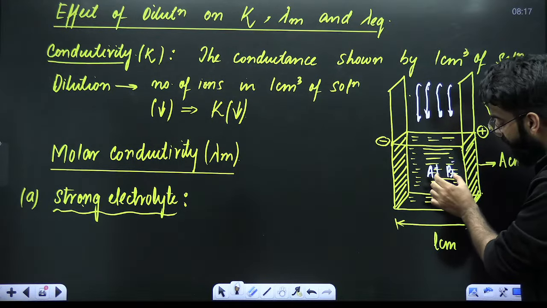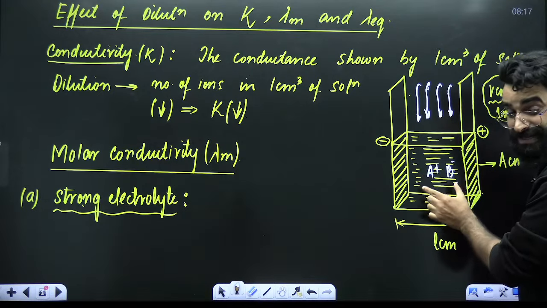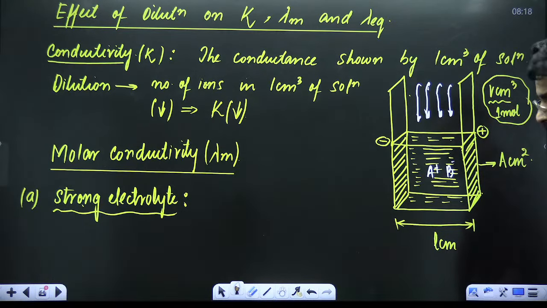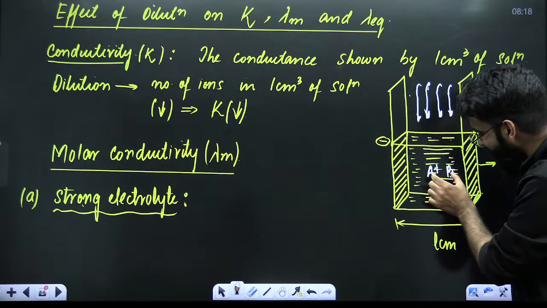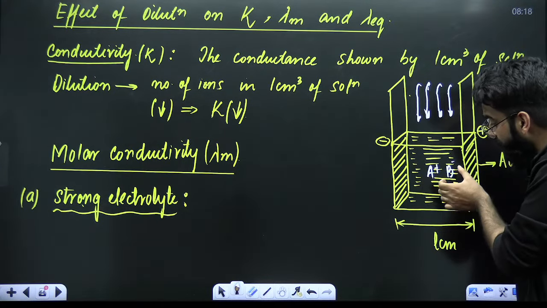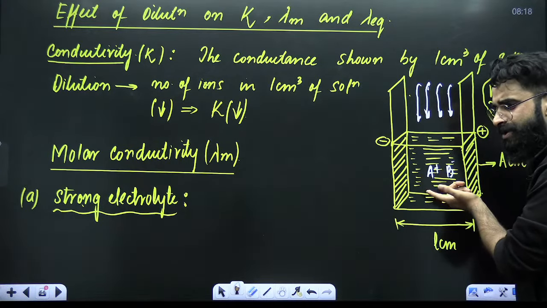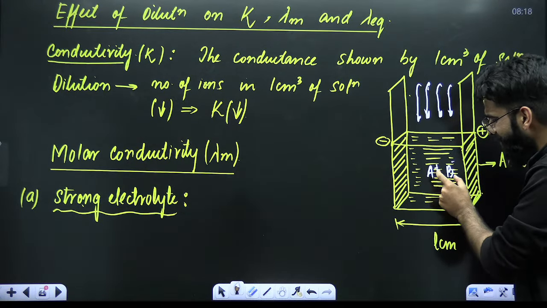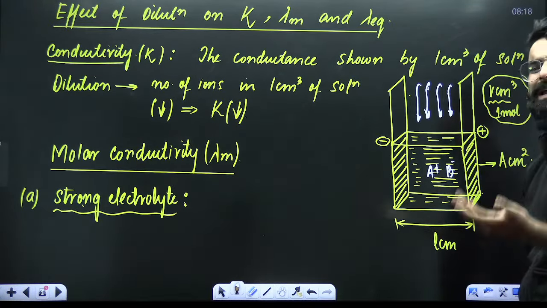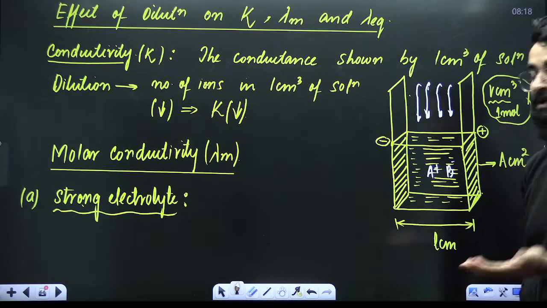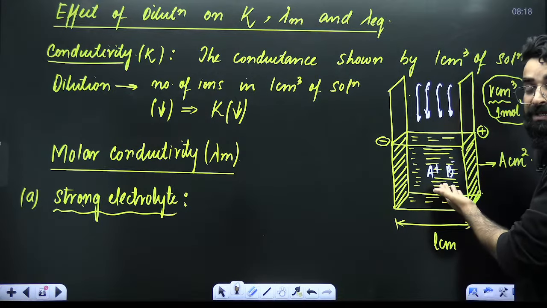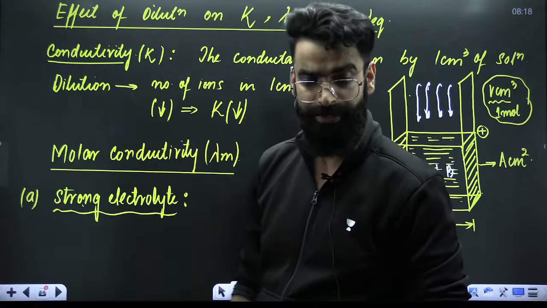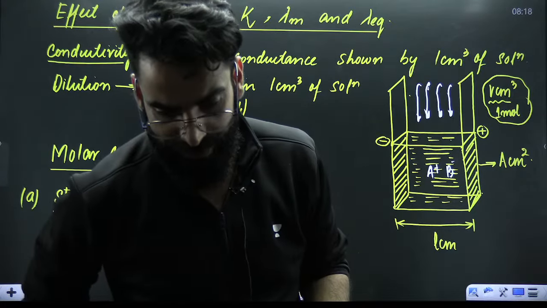And if the distance increases, the force of attraction between them decreases. So due to dilution, the ions will start moving comparatively freely. And the more the movement of ions, the more the molar conductivity has to be. Done and dusted, right? Clear, guys?